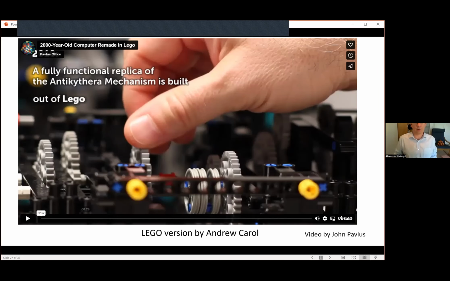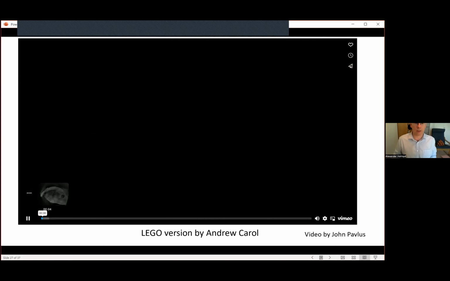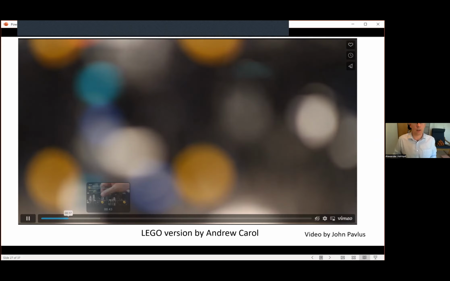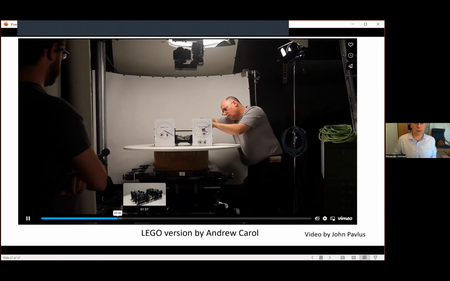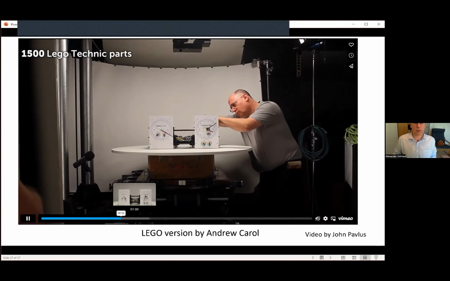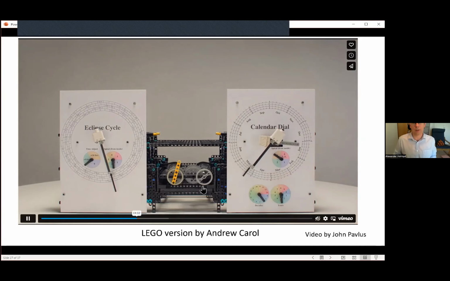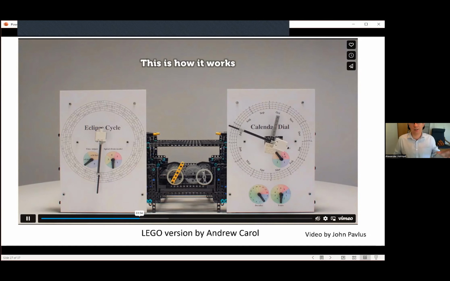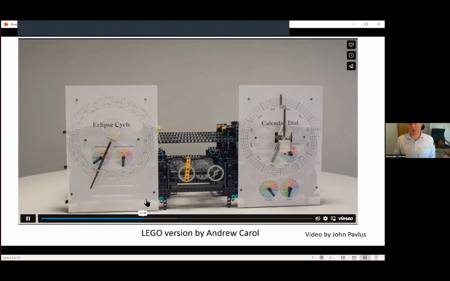And of course, somebody managed to make a Lego version of it. That somebody being Andrew Carroll. So here's what it looks like. Turn the sound off again. Okay, I'm going to skip most of this. Somehow you turn the handle and you get predictions about eclipses.